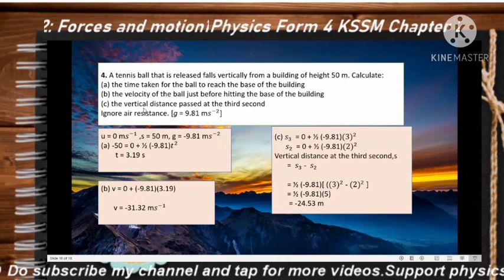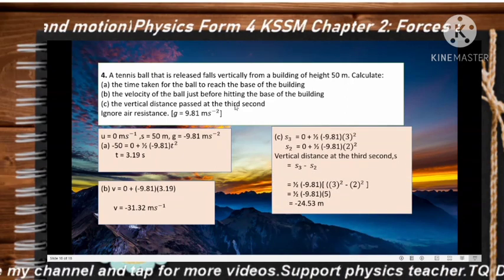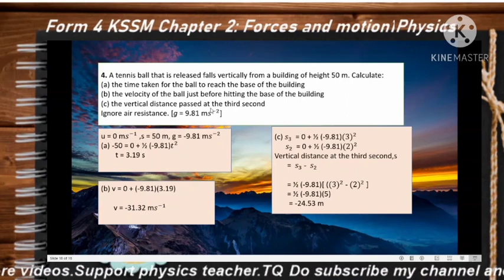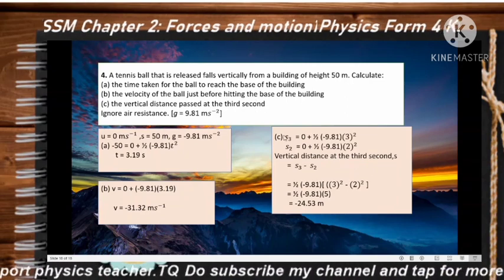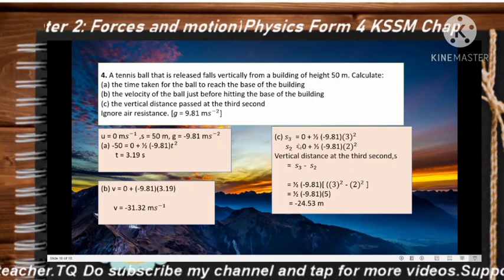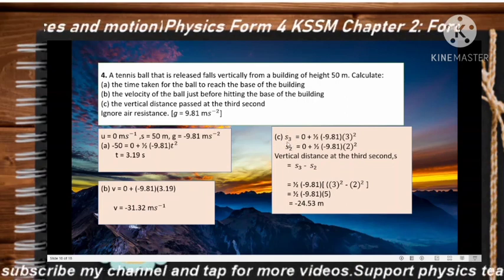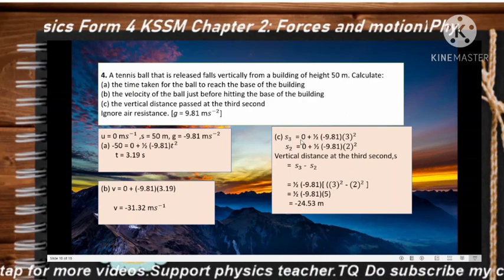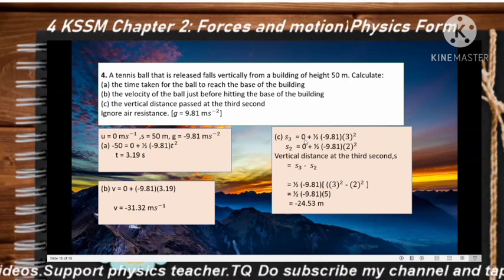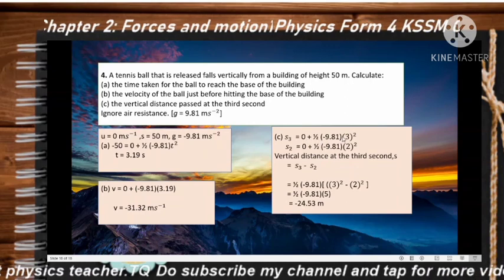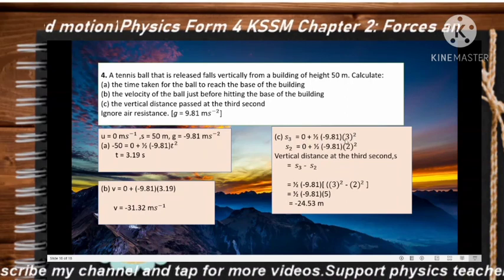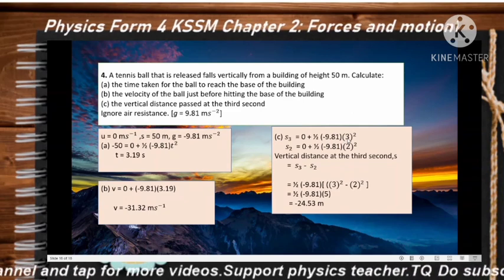And then C, the vertical distance passed at the third second, not after 3 seconds. This one is at the third second, so we need to calculate in that third second only. So the distance traveled in 3 seconds we can calculate by using s equals ut plus half gt squared. In 3 seconds, so we substitute the value of t as 3 seconds.